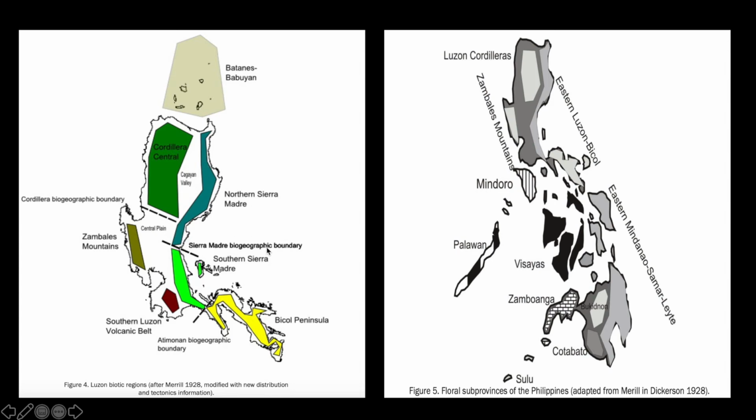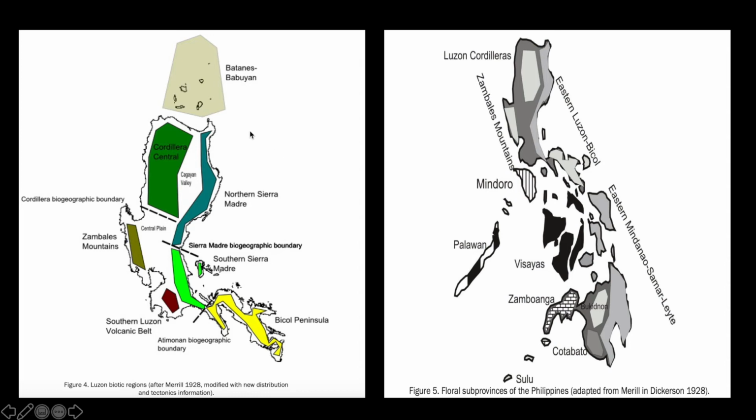Okay, so there are actually different biotic regions as you have seen in your readings. We have biotic regions in Batanes Babuyan. The Grand Cordillera Central also has a distinct biotic region. We have the Northern Sierra Madre as a biotic region too. And the Southern is actually a separate region. We call the Southern and Zambales also distinct biotic regions.